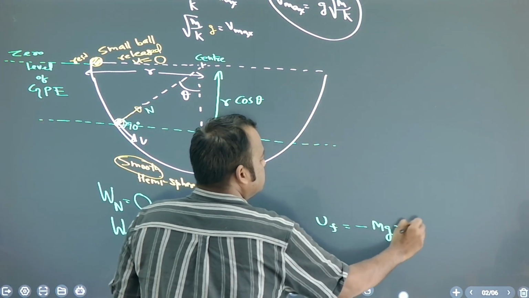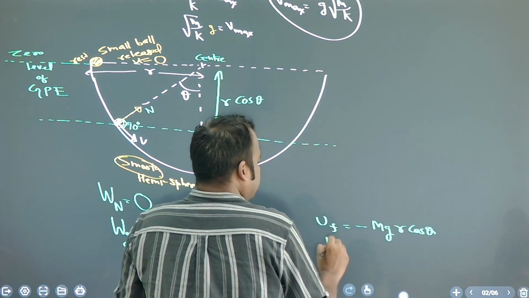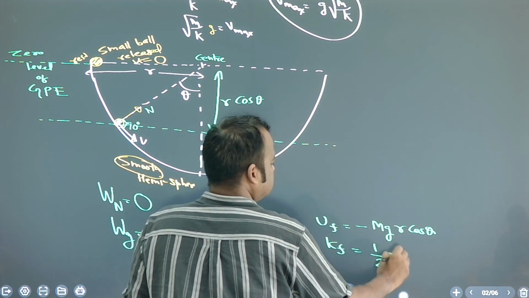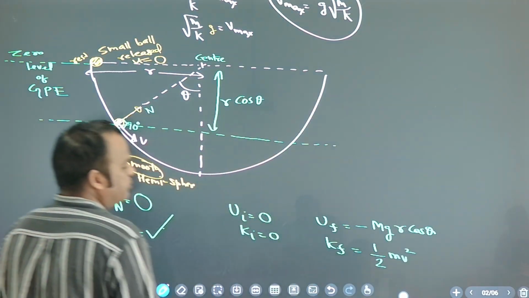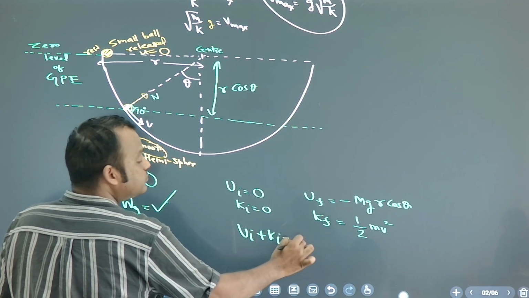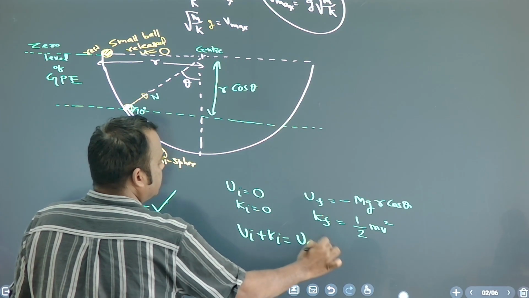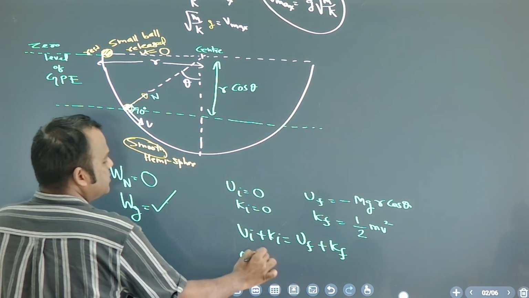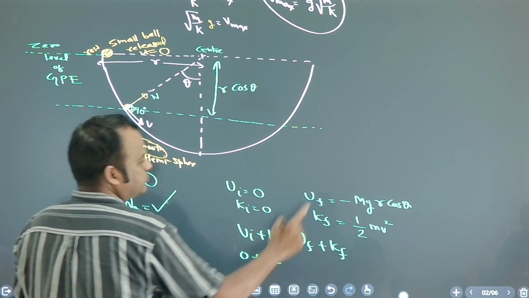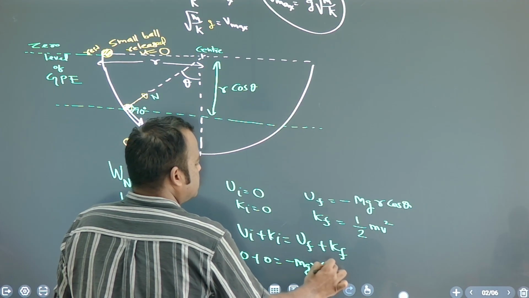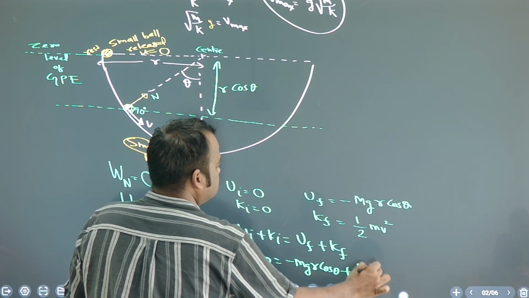Very good. And what is K final? Half mv square. So U initial plus K initial is equal to U final plus K final. Mechanical energy is conserved. So 0 plus 0 is equal to minus mgR cos theta plus half mv square.